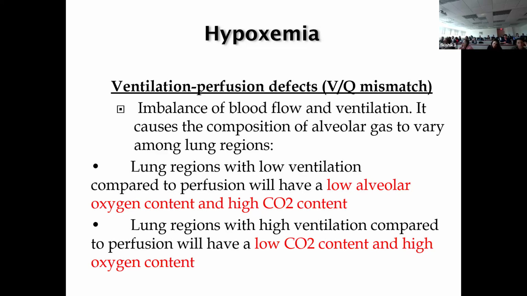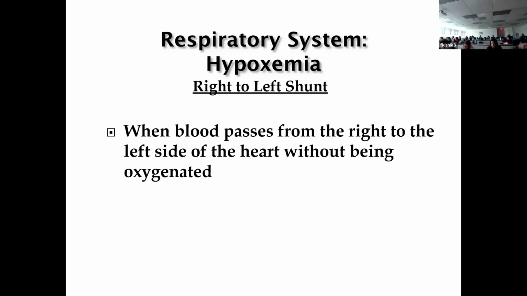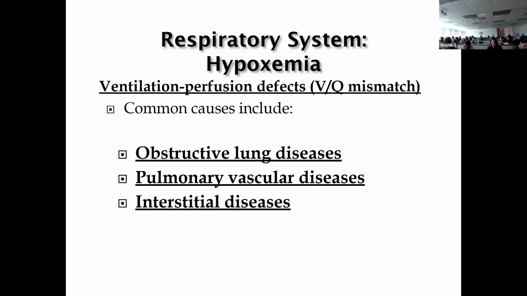Apex is poor ventilation. So common causes of this could be obstructive lung diseases, pulmonary vascular diseases, or interstitial diseases, which you can get into. TB generally lives in which area of the lungs? Apex. Don't need much oxygen to live.